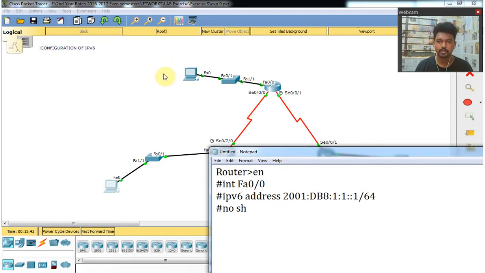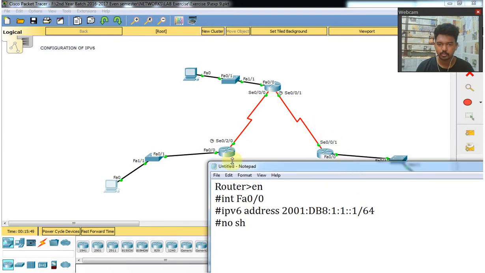Similarly, if we perform the configuration for this router, we'll put the gateway for this one. If we are doing it between the routers, that is in the WAN, we have to change the interface to SE2/0, and after that give the address for this point and this point.